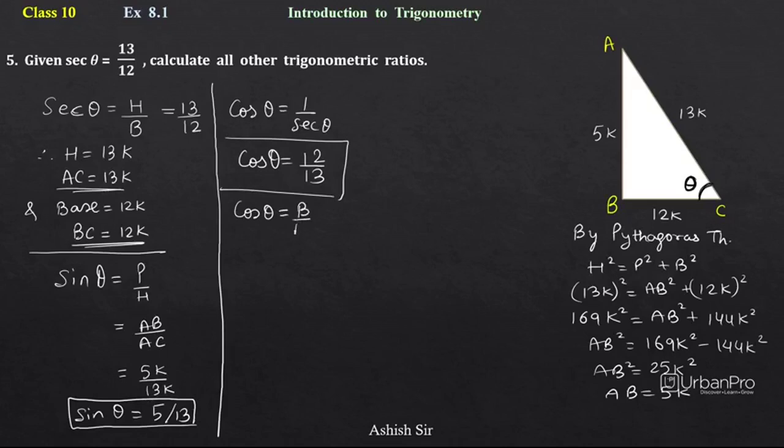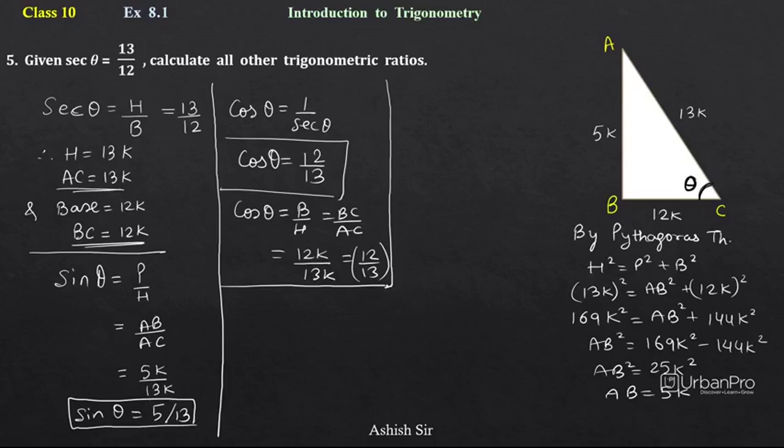Cos theta, we know it's base upon hypotenuse, and base is BC, hypotenuse is AC. Base BC 12k, hypotenuse 13k, so that will also be 12 by 13. So in both ways we can find the value of cos theta.